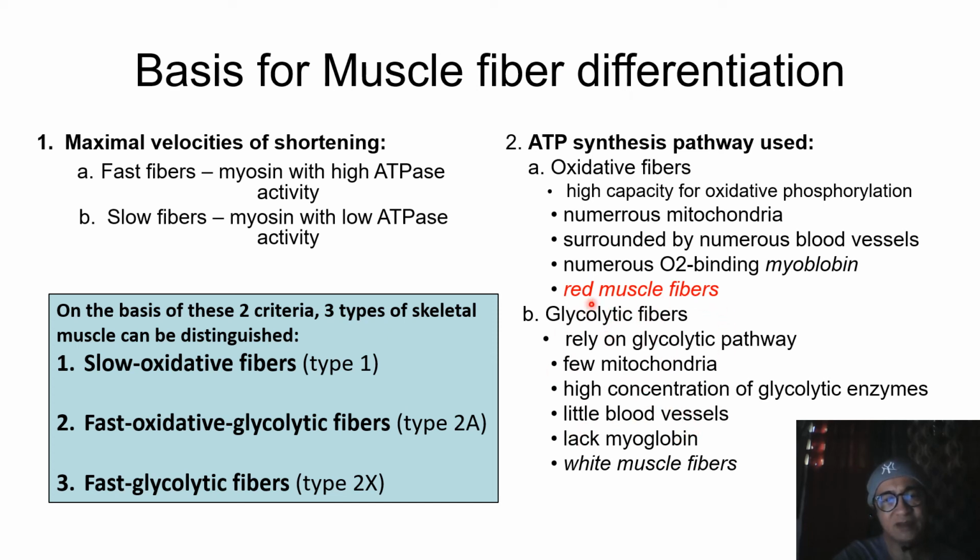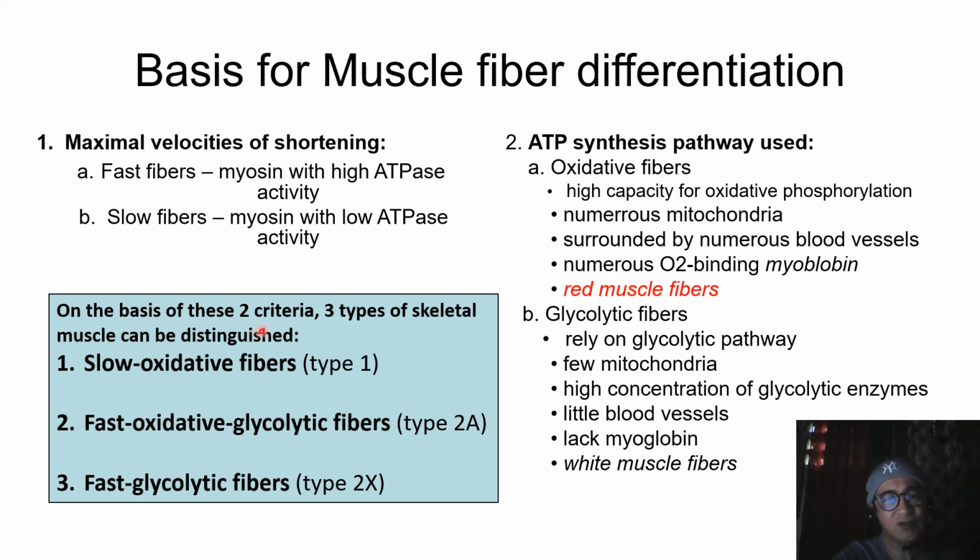So most often these glycolytic fibers are whitish or white in color. So we often refer to glycolytic fibers as white fibers, whereas oxidative fibers are red fibers. Now, based on these two classification categories, we can therefore identify three types of skeletal muscles in the body.